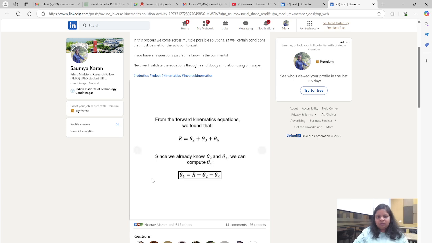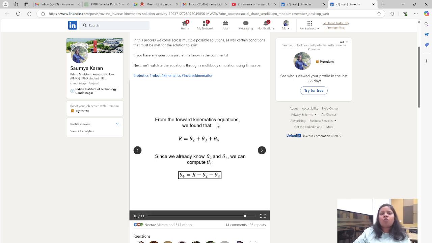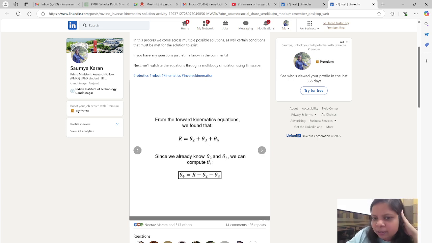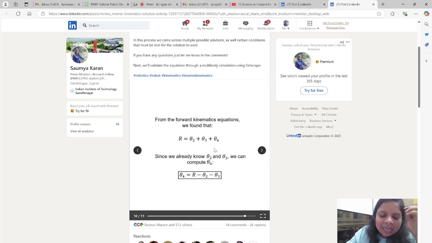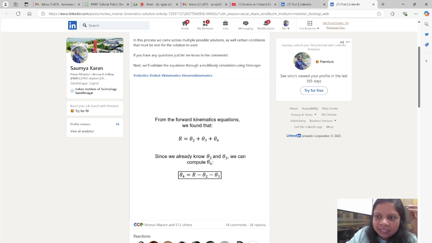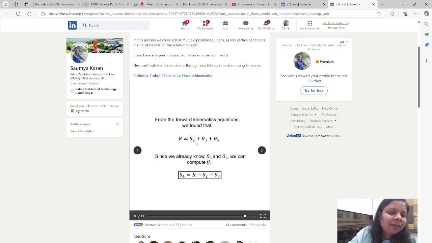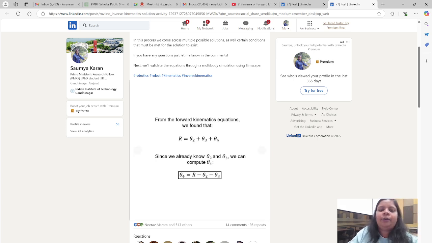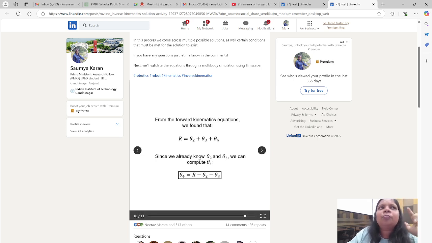Then he came up with this: in the forward kinematic solution, we found that r is equal to theta 2 plus theta 3 plus theta 4. In our case also, we had seen when we had 3 links and all of them were planar, let's say they were not moving in some other direction, all of them had revolute joints parallel, and the robot was completely planar. Then the complete rotation we get at the end is the sum of all three rotations, theta 1 plus theta 2 plus theta 3.